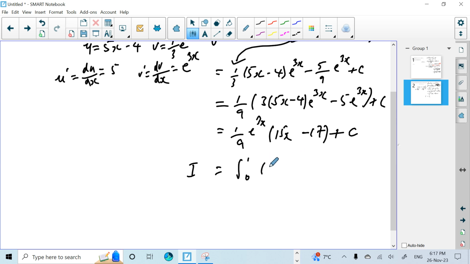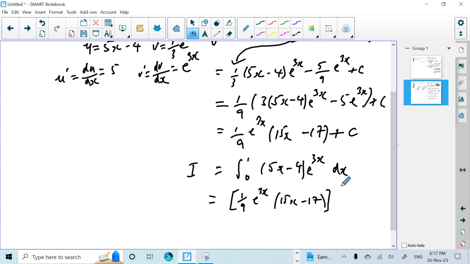Now substitute, so we've got (5x minus 4) e to the 3x dx, and we put that all in, and that will give me 1/9 e to the 3x (15x minus 17) in brackets, with limits 1 and 0.